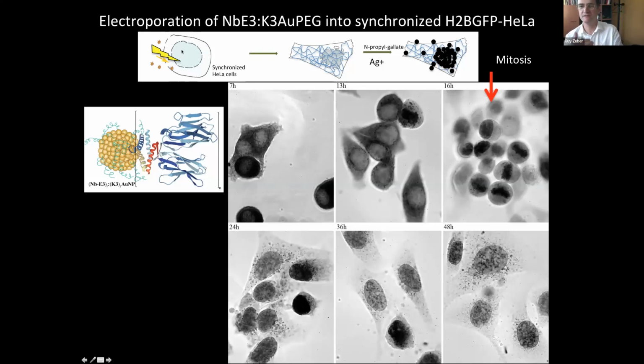So the particles that are outside are pretty much removed. We can wash them very well. The issue is about the materials that are electroporated inside the cells. Here we cannot wash actually. So this is the main issue.